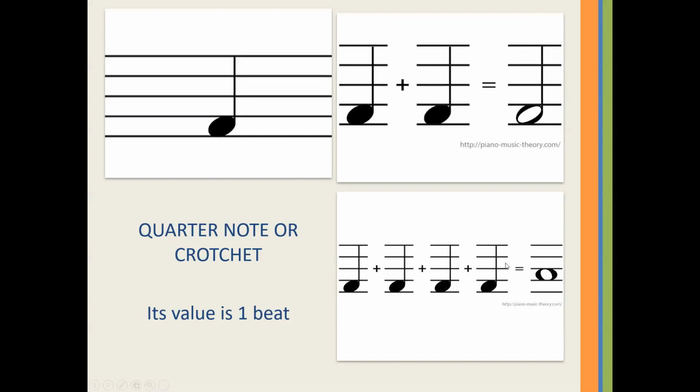If we are to play this, it will be dun, dun, dun, dun, right? But it's played in the exact same duration as we will place this whole note. So if it takes 4 seconds, 1, 2, 3, 4, to play these crotchet notes, it will take exactly the same 4 seconds to play this.